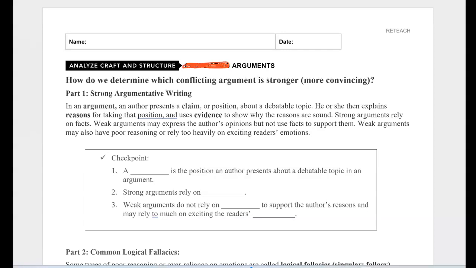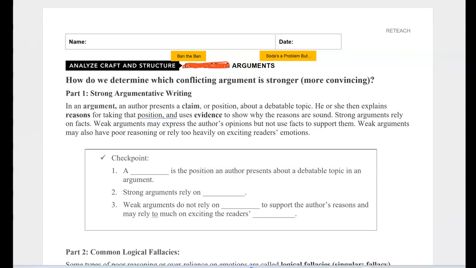The two arguments we're going to be looking at are ban the ban and soda's a problem, but they both have the same position.